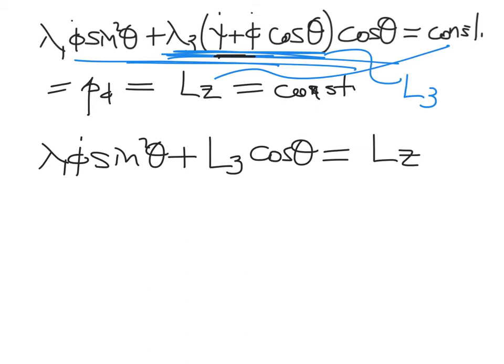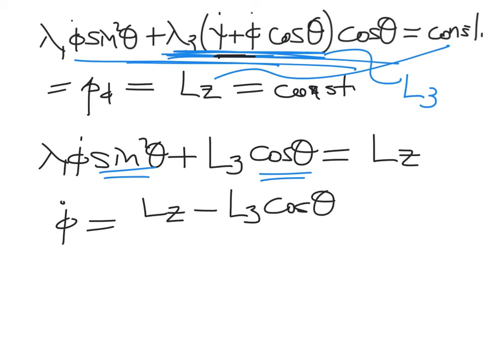Now remember, for this simplification, we're assuming that theta is a constant, and then that gives us an exact expression for phi dot, our precessional velocity. That's going to be whatever the angular momentum for the top is about the z-axis minus the projection of the angular momentum at the E3 axis on the z-axis, so there's that cosine theta there, divided through by moment of inertia lambda 1 times the sine of theta squared.